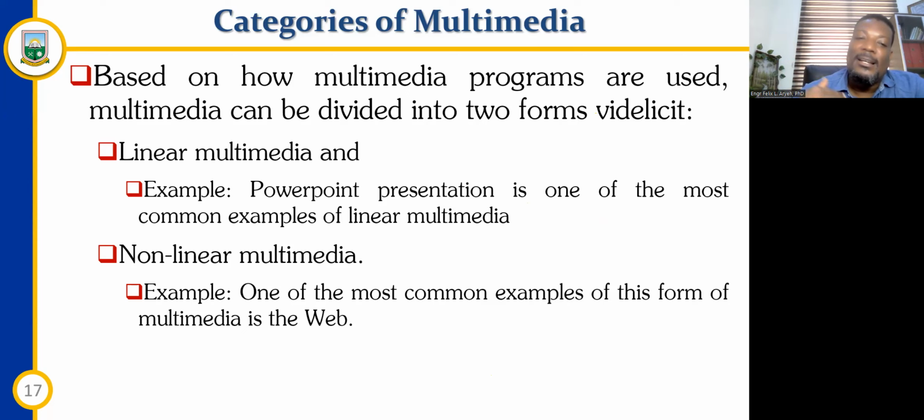As I said, such information is read or viewed in a continuous sequence. So they can be automated, so that once you start, it could move on and end at the last page. So that's an example of a linear multimedia.